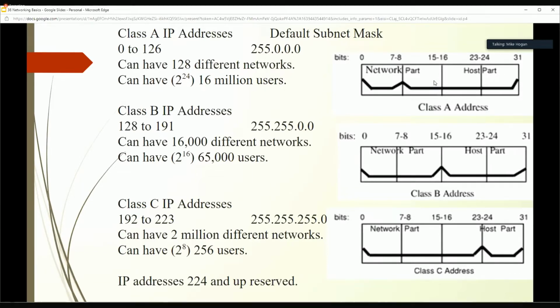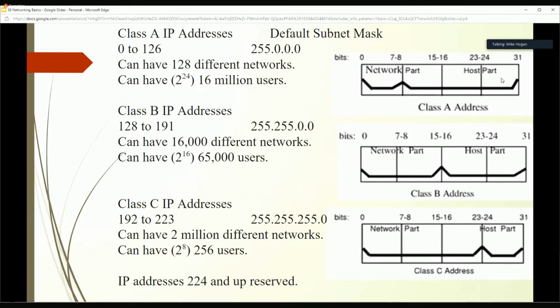So this means that we have fewer of these networks. When we think about across the entire span of how many of these large networks I could have, we have fewer of those because we're only representing them with 8 bits. However, on each one of those networks, I've got a huge number of bits representing hosts.